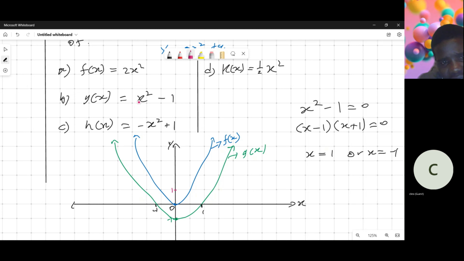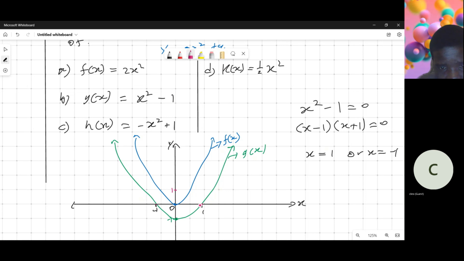What about the broadness of the graph between B and C? The broadness of the graph is the same. It's just this one is concave down, but the length from the y-intercept to the x-intercept will be the same, meaning that this graph is going to pass here.